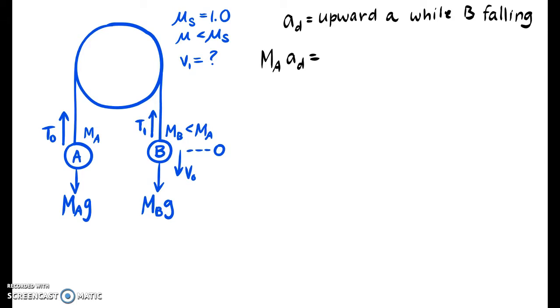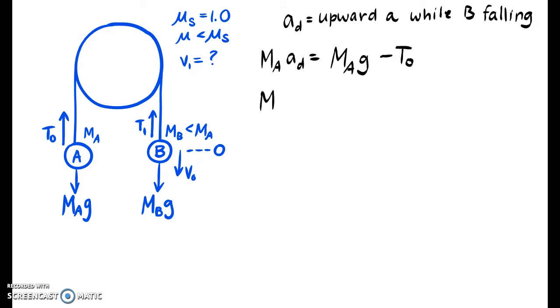So when we're writing the net acceleration equation for A, we find ma times ad is equal to, that's downward, and we define downward as positive for object A. So we have ma times g. The force of gravity is also positive since it's acting downward. And what acts against it is the tension force, namely T0, which is acting upwards, so we subtract.